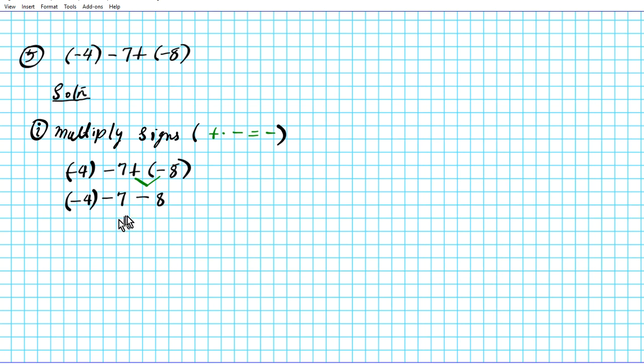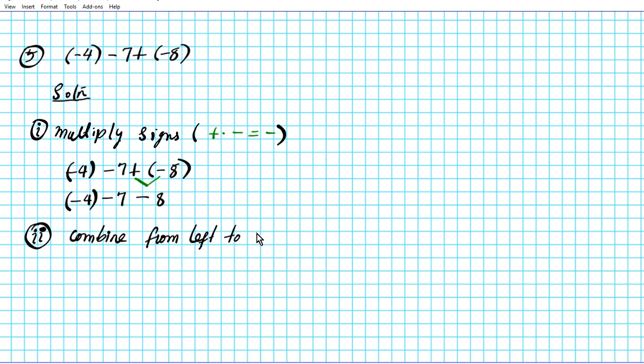Alright? So what we're going to do is just combine the numbers now from left to right. Remember your order of operations. Whenever you have addition and subtraction, you just do them at the same time from left to right. Okay? So here we're combining from left to right.